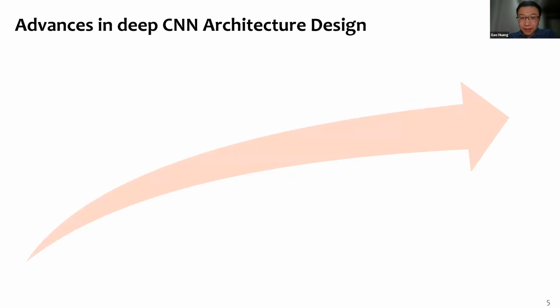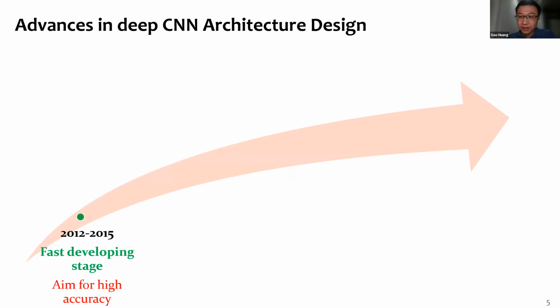And I roughly divide the advances of the design of deep convolutional networks in the past decade into 3 stages. In the first stage, I call it the fast developing stage, people design networks that can achieve higher accuracy on those benchmark data sets.